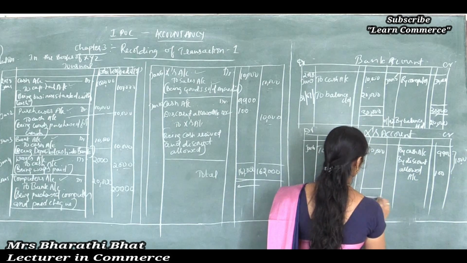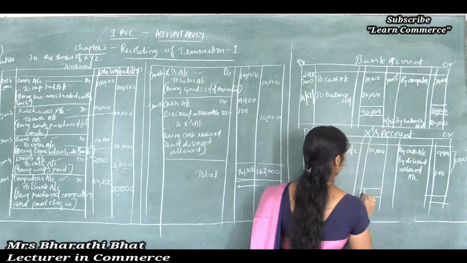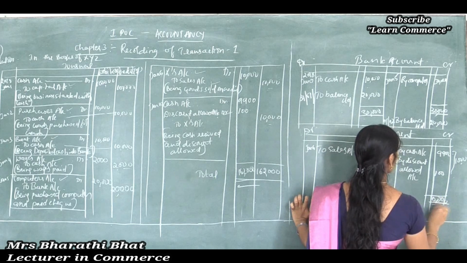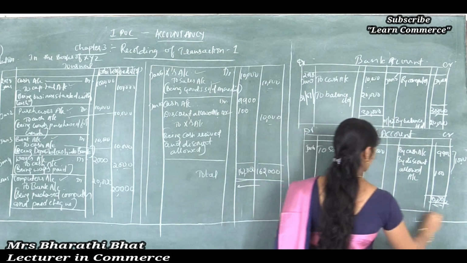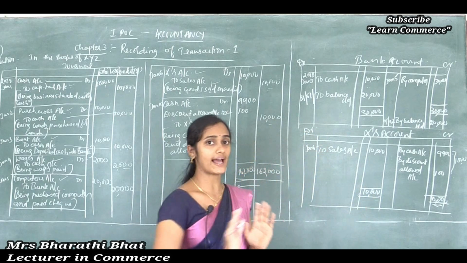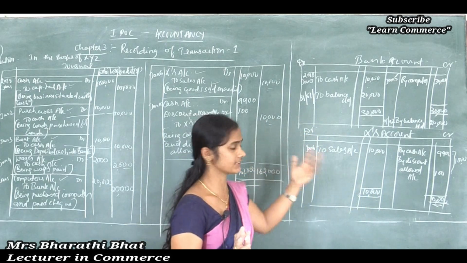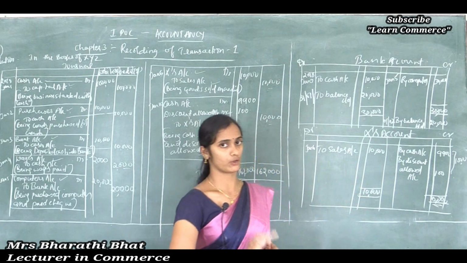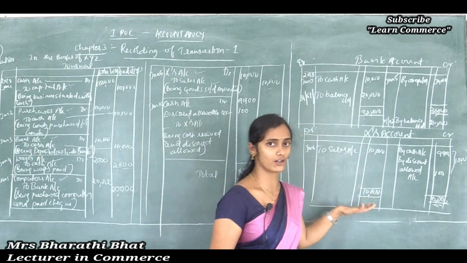So here, balancing this, 10,000 and 10,000, both sides showing equal value, then there is no need to balance this account. So as it is, there is no carried down or brought down amount. Clear, right? X account is closed now.